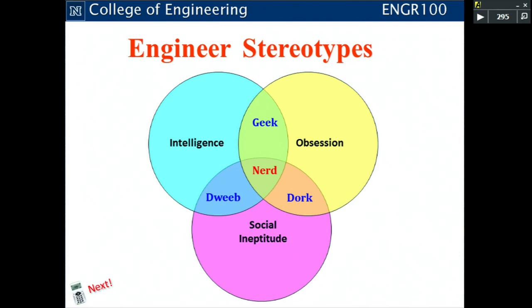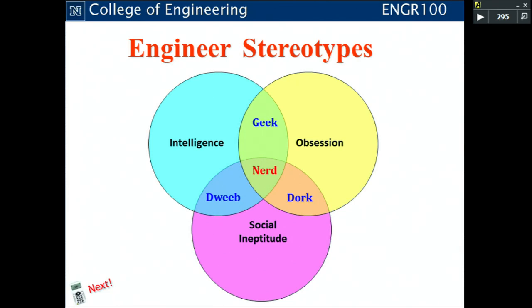I probably consider myself a mix between intelligent and obsessed. I know I'm not socially inept. I have lots of friends in real life that are not on Facebook. But you can figure out where you fit into this little scheme and decide how you're going to break down the barriers and portray yourself.